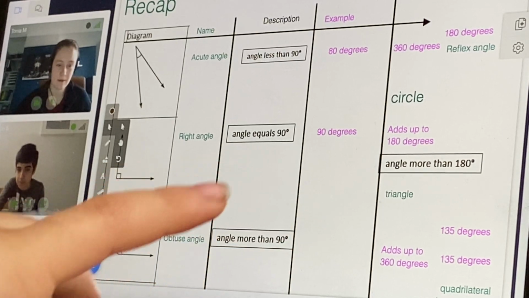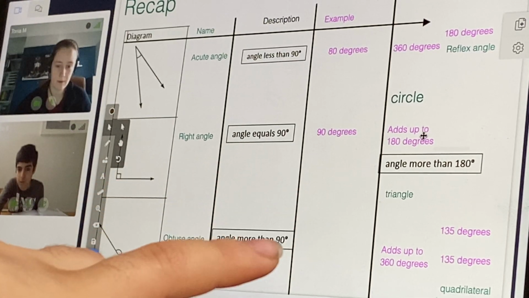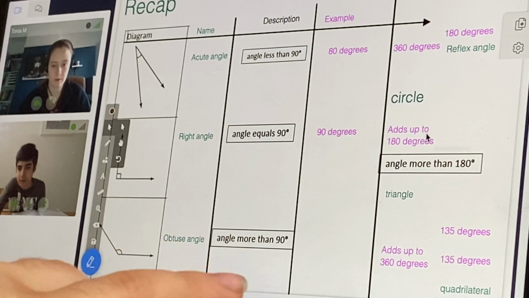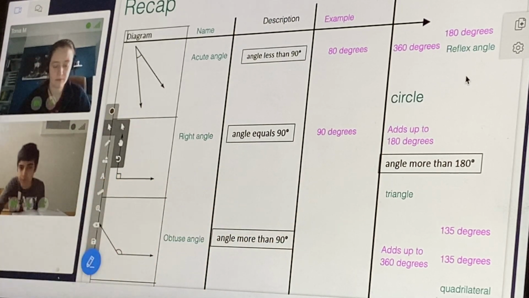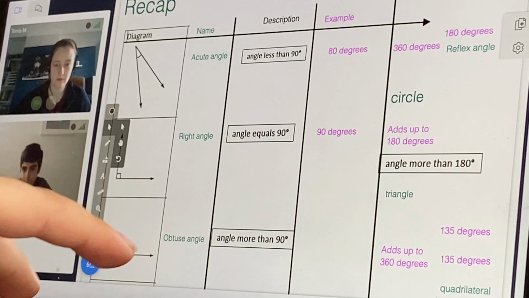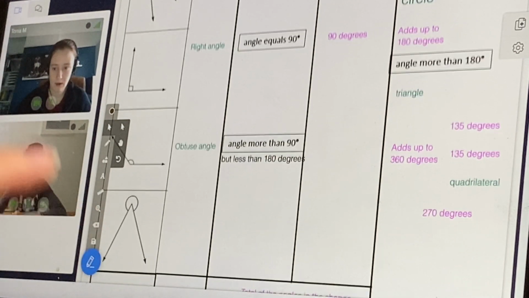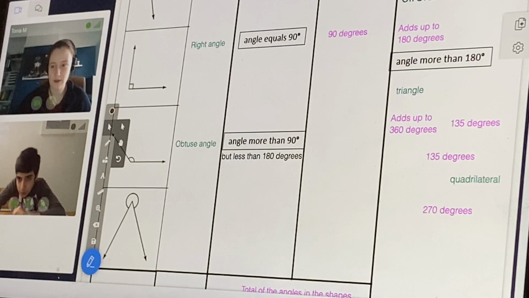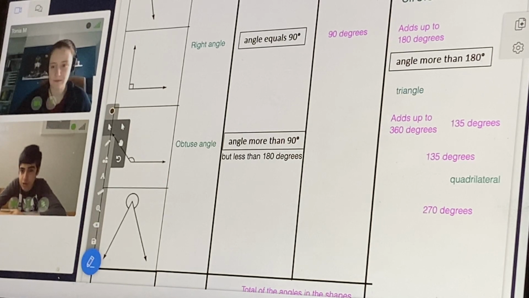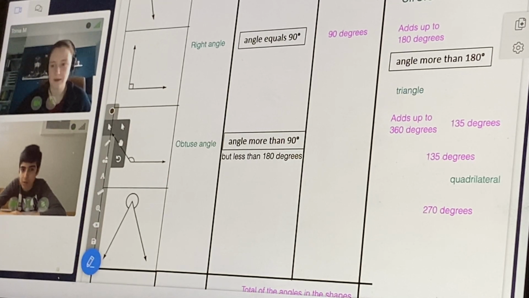And it adds up to 180. 180, not quite. No. But less than 180. Can you see any other examples in there of degrees? 135 degrees.